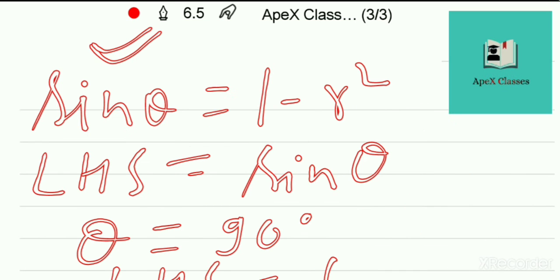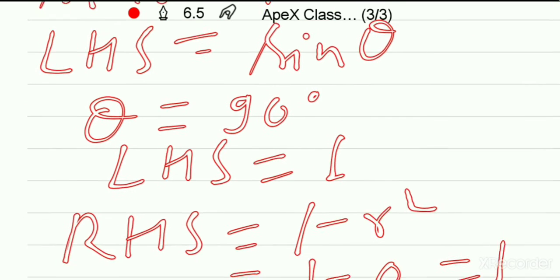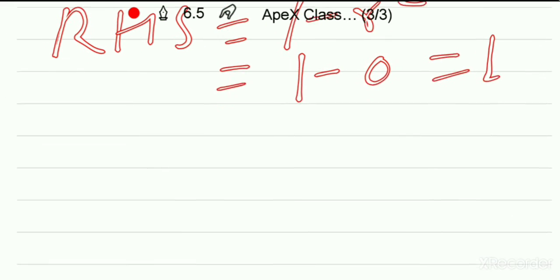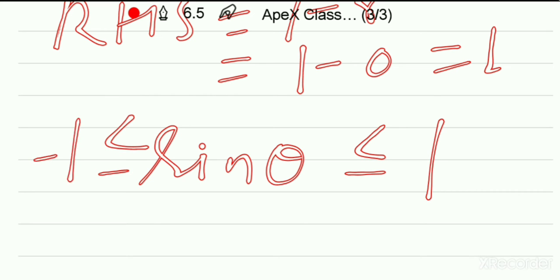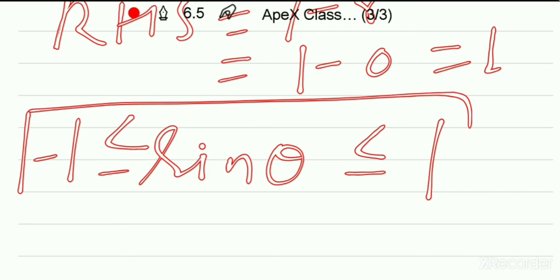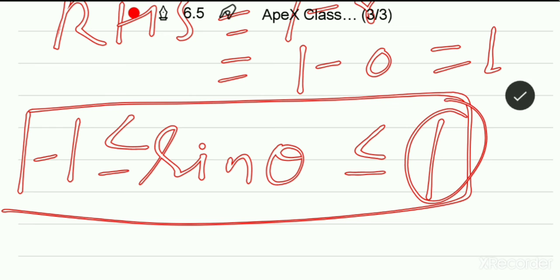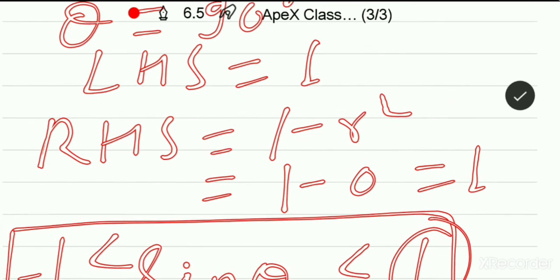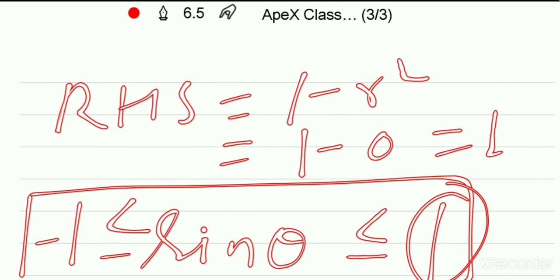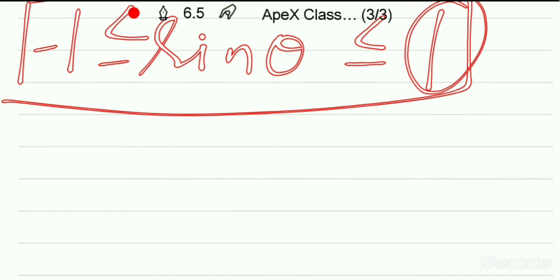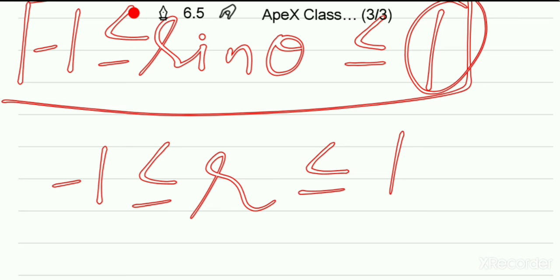So for this we have to use another relation, that sin theta lies between 1 and minus 1, which means the maximum value of sin theta can be 1. It can never exceed 1. And the value of r varies between minus 1 and 1.